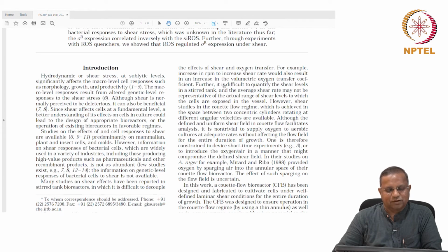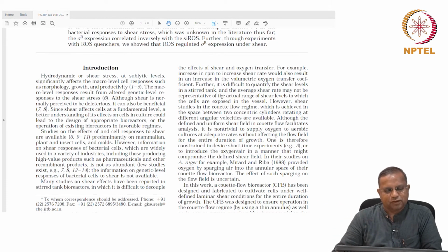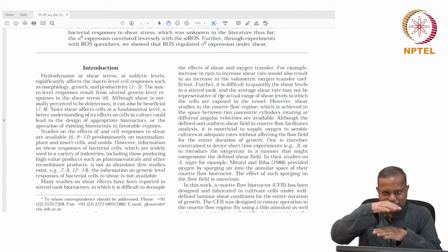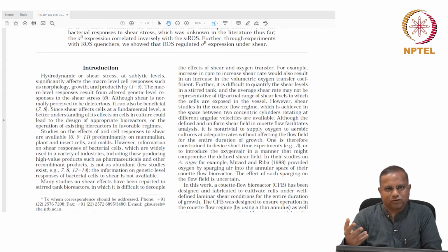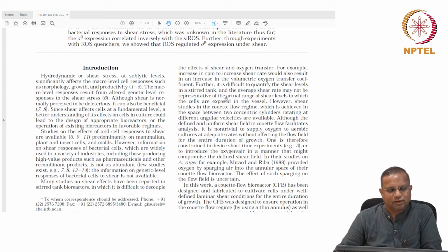Okay. Further, it is difficult to quantify the shear levels in the stirred tank, because why? We have already seen the velocity profiles are completely undefined, right? Difficult to measure also. And we know that shear stress is based on the velocity gradient. Therefore, if you have the velocity profile, you can figure out the shear stress profile.